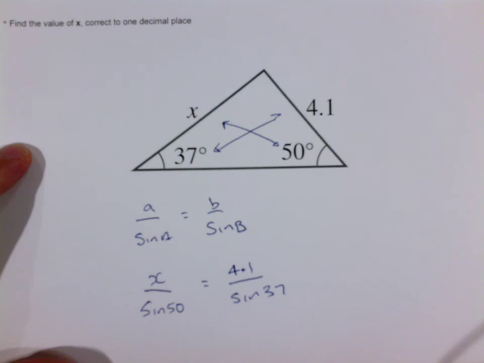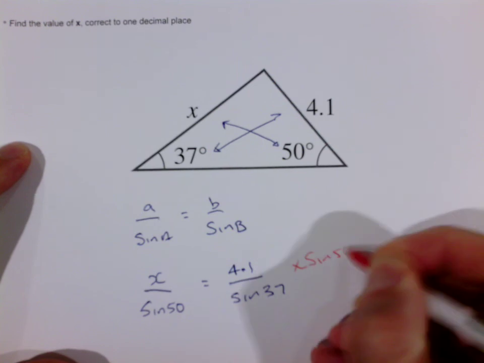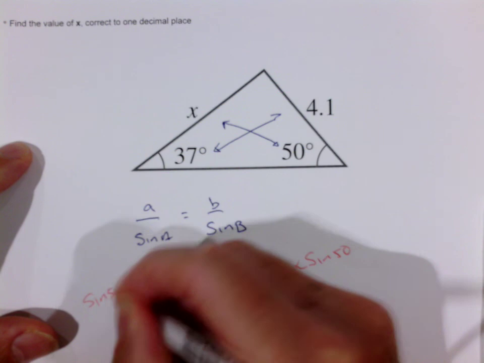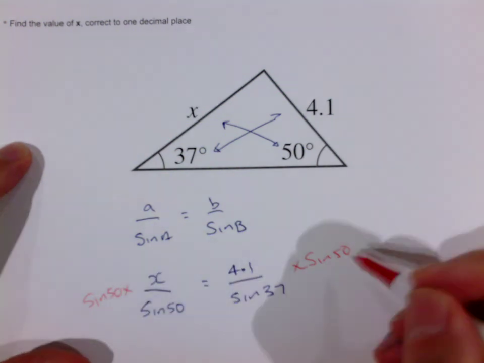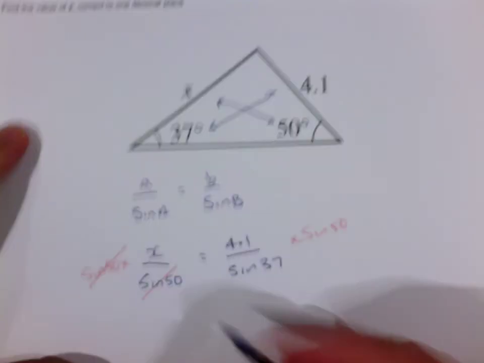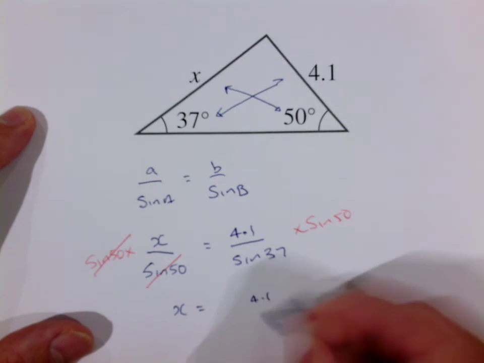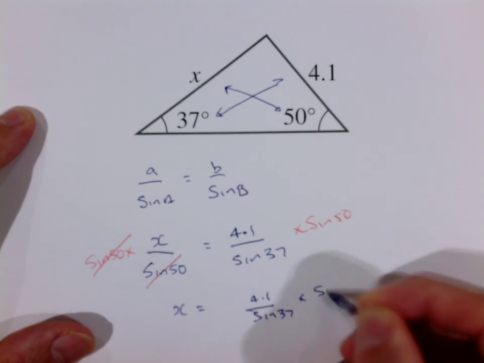Now, how am I going to get x by itself? Times both sides by sine 50. And then, of course, they're going to cancel. That was the purpose of it. So I end up with x equals 4.1 over sine 37 times sine 50.